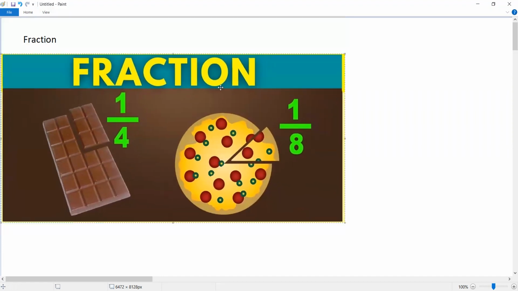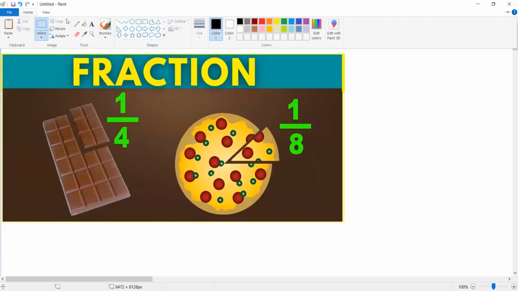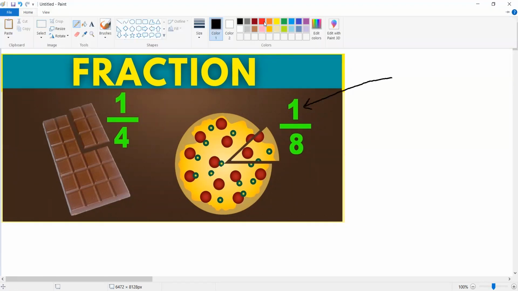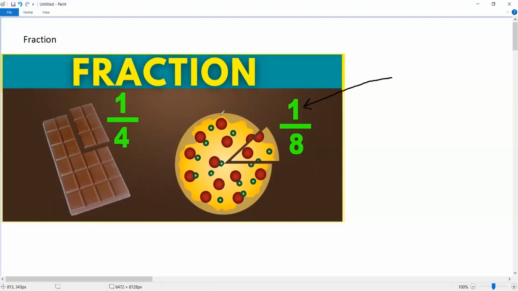Okay, here you can see that suppose we have a pizza or a bar of candy and you are taking some part of it, then this part is called a fraction. As you can imagine, here the pizza has 8 portions and you are eating one portion from that. So how much have you taken? Basically, you have taken one part out of 8 pieces or 8 parts.